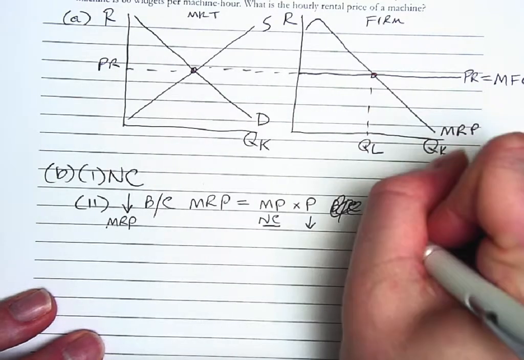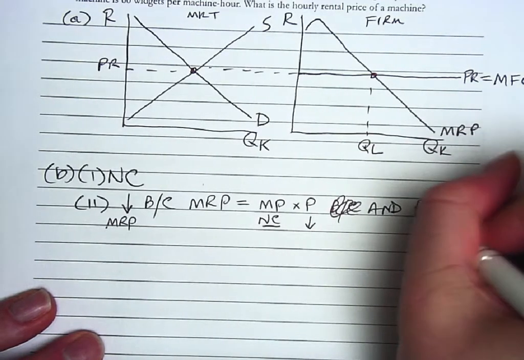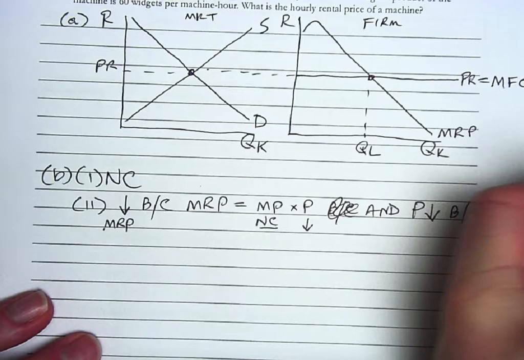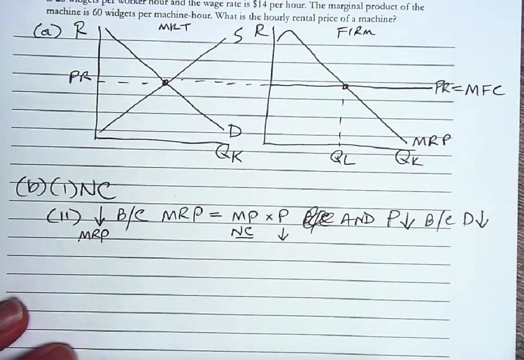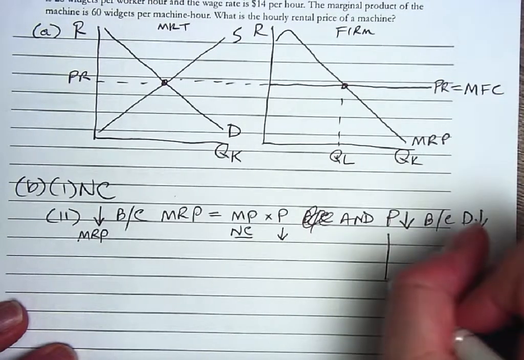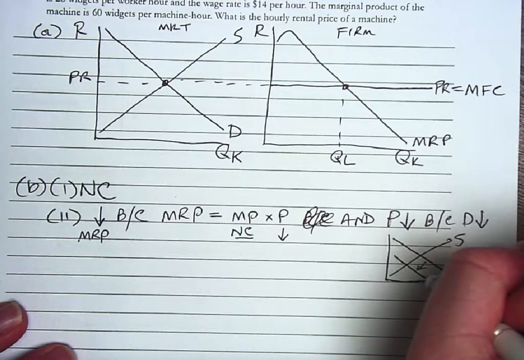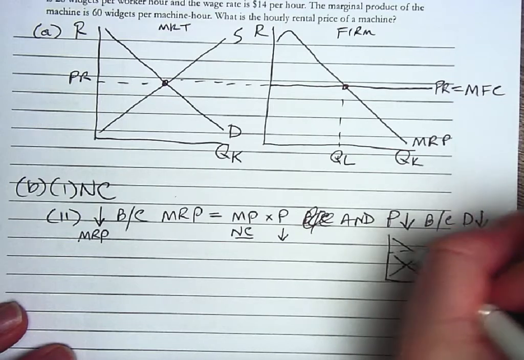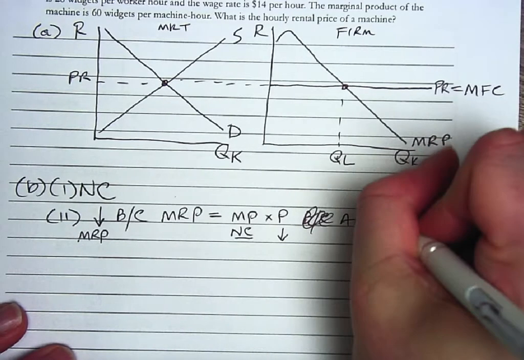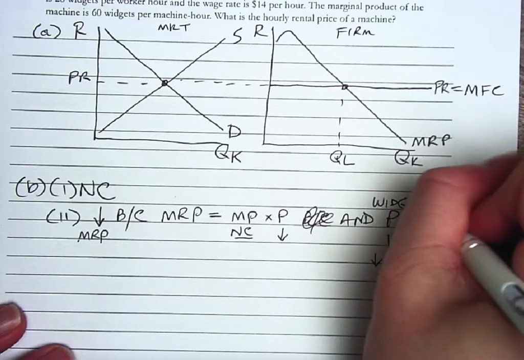This is true, and P goes down because the demand went down for the widgets. You could have a little graph over here, even if it helps you to think about it. Supply and demand, and the demand for widgets fell, so the price of widgets fell. So the widget price is what's really triggering that.